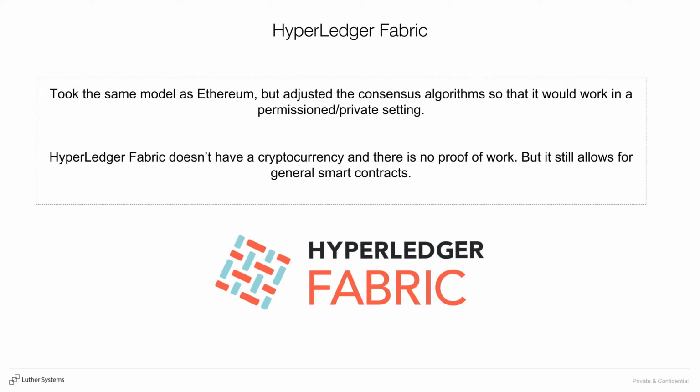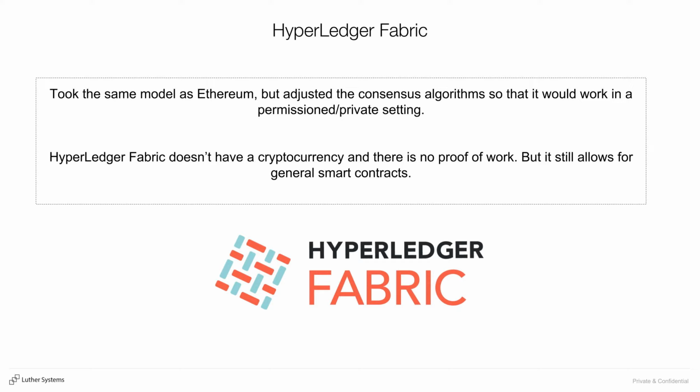And so Hyperledger Fabric was inspired by Ethereum, but what they've done is focus a lot on consensus algorithms that make more sense in a private setting. So there's no cryptocurrency piece to Hyperledger Fabric, and you don't have proof of work, where you spend lots of energy to secure the network and come to consensus.